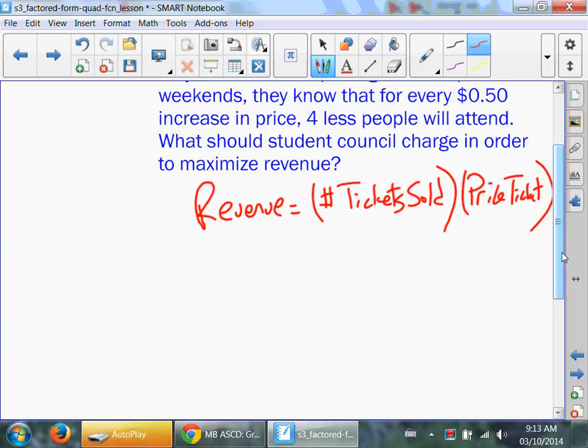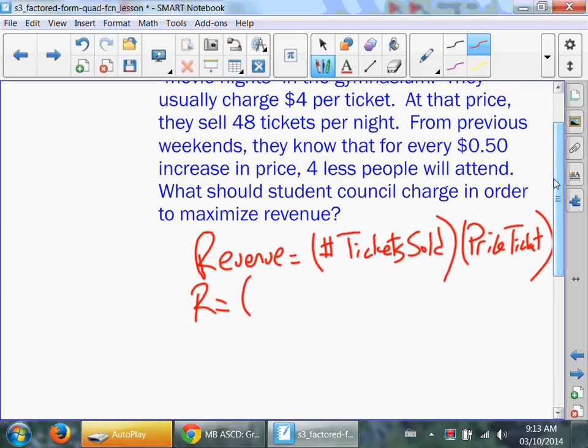Okay? Now, if we look at this, I can look at it this way. The revenue, I'm going to let it be R. Now, if I look at the number of tickets sold, there's 48 tickets sold usually. And the 48 tickets are sold when the price is $4 per ticket.